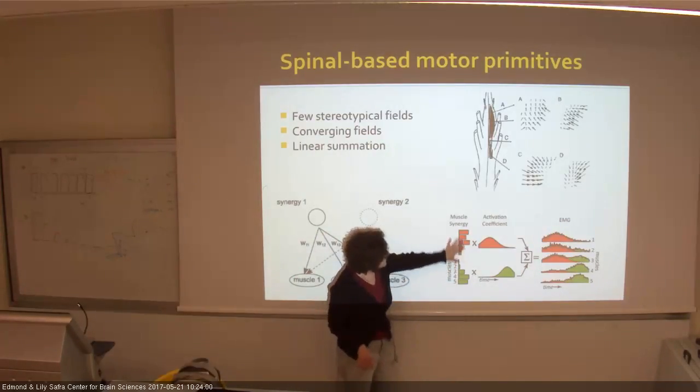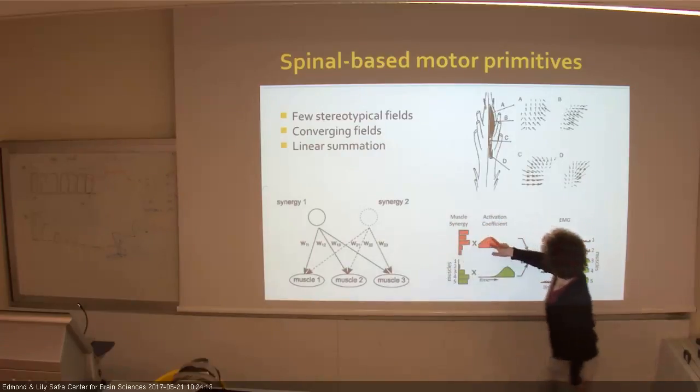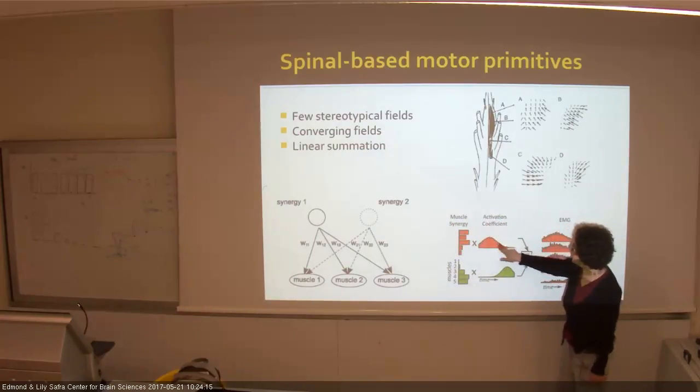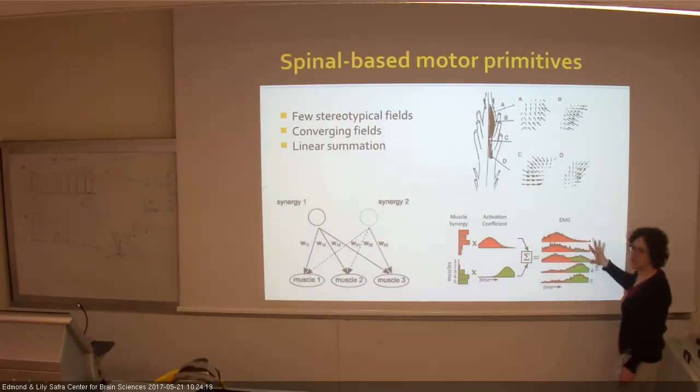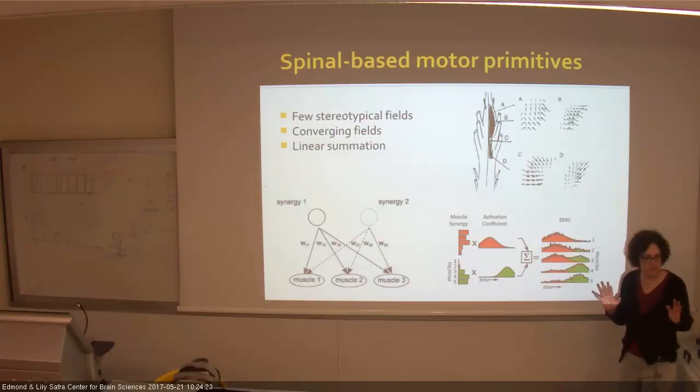This is one synergy, and this is the pattern of activation of 5 different muscles, and this is a different synergy that activates the same muscles differently. And all you send is an activation coefficient function for this synergy and that synergy, and you get a complicated movement. Is this point clear?